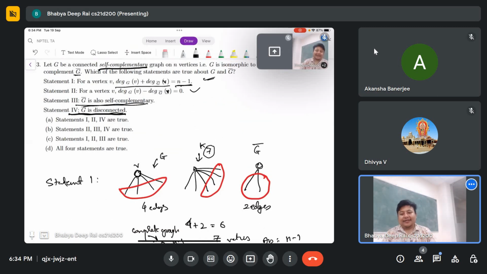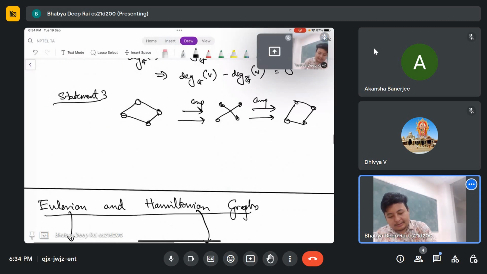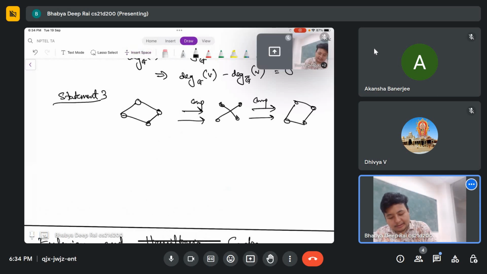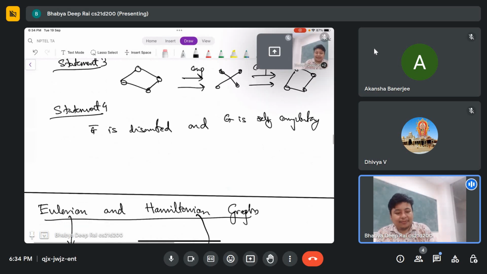Finally, statement 4: G bar is disconnected. Now this one is a bit tricky. The original assumption was that G is self-complementary. Now we'll analyze this.